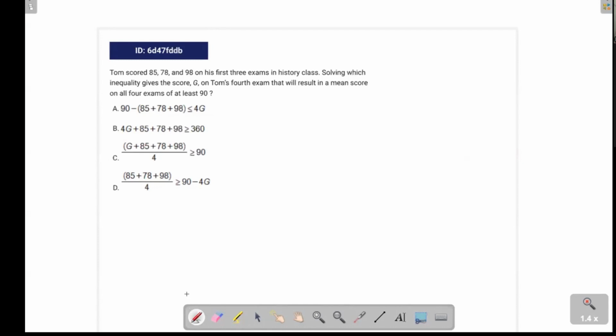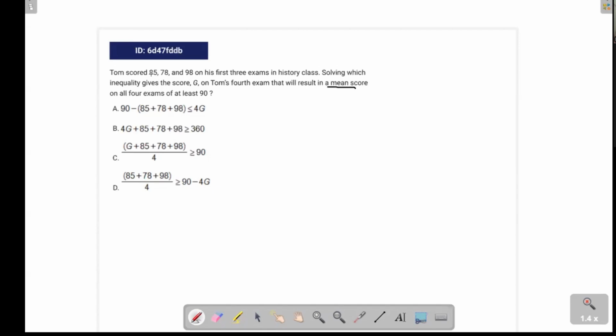So let's go over this one. Actually, I need a little bit more time because some people want more time. This one's again setting up those inequalities. And what we're looking for is the mean of four scores.